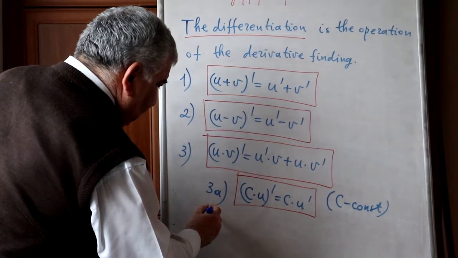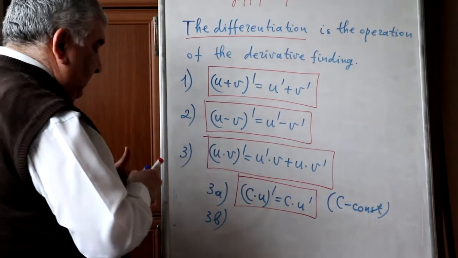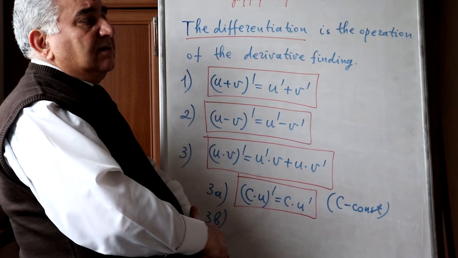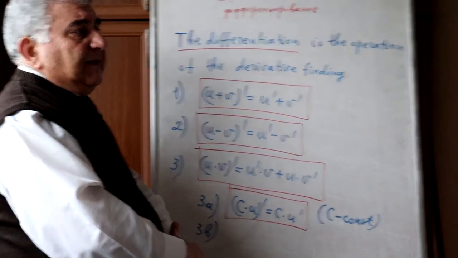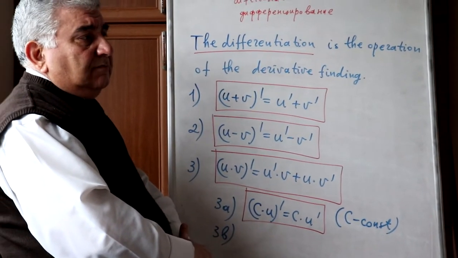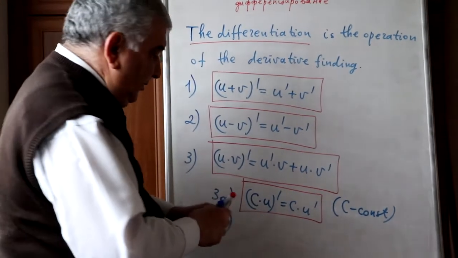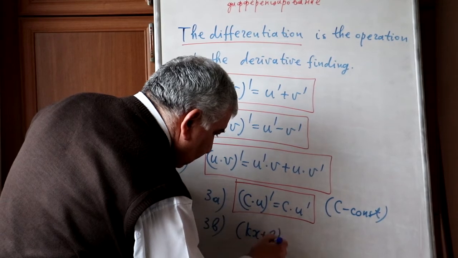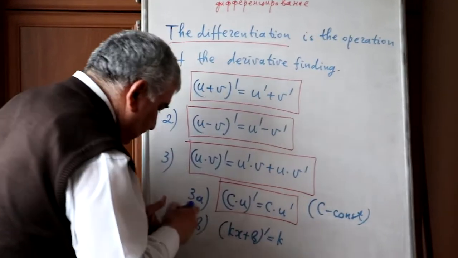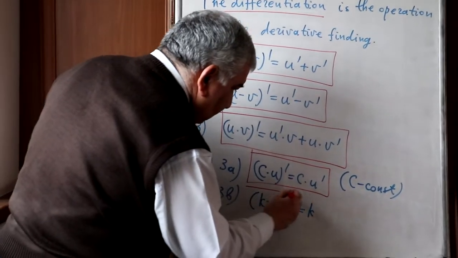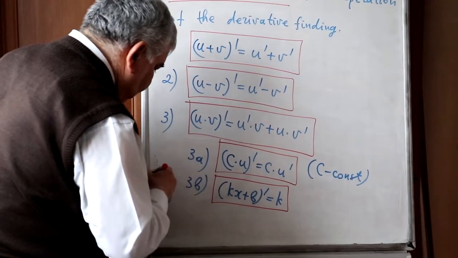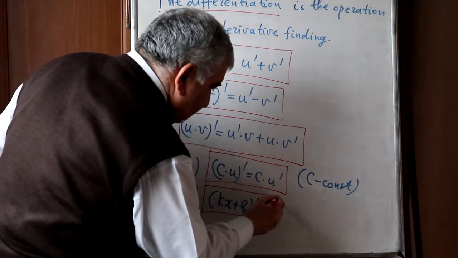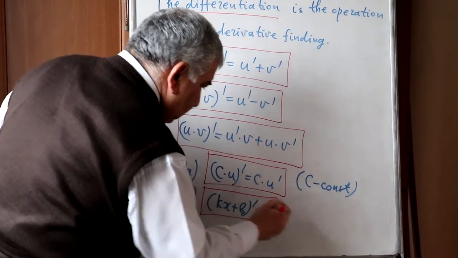Then 3b. Derivative of the linear expression is equal to simply the slope. kx plus b prime is simply k. Here k is named slope.